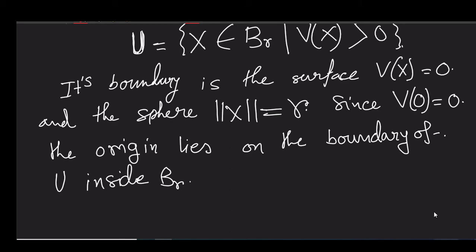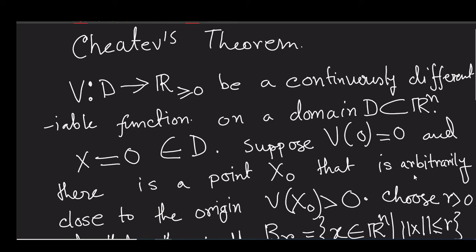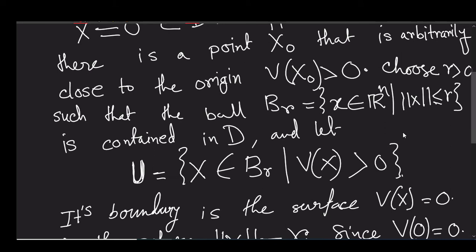Let me reiterate that this first part is clear to you. Now we are choosing r greater than 0 such that we are getting this. Now we are defining this, try to understand this definition.